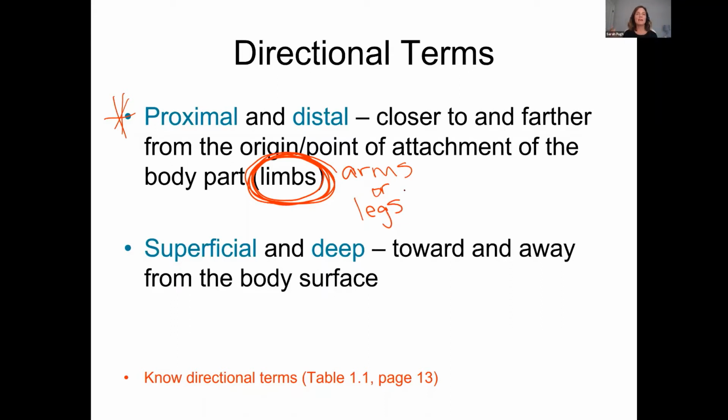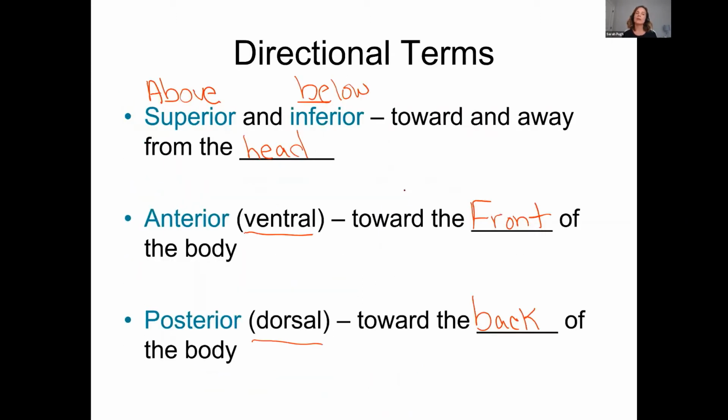So notice that as we've gone through all these other terms, like when we talked about superior and inferior, I didn't use these terms on anything on the arms or the legs of the body. You would only use superior and inferior when you're talking about the trunk of the body.